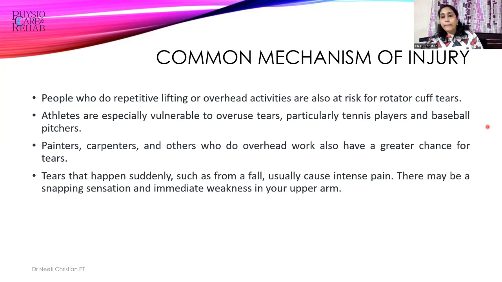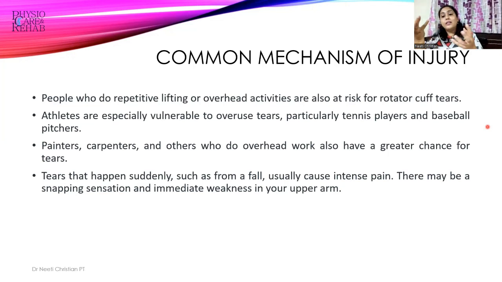So rotator cuff tear can happen. The first mechanism of injury is repetitive stress on the muscle and tendons. The second one is a sudden fall, which ends up with a rotator cuff tear. One more very important factor is aging.